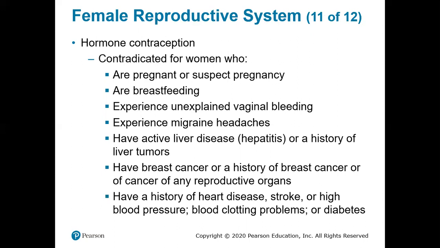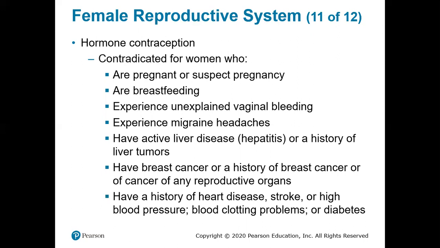So, hormone contraception is contraindicated for women who are pregnant or suspect that they are pregnant, women who are breastfeeding, experience unexplained vaginal bleeding, experience migraine headaches, have active liver disease or hepatitis, or a history of liver tumors.